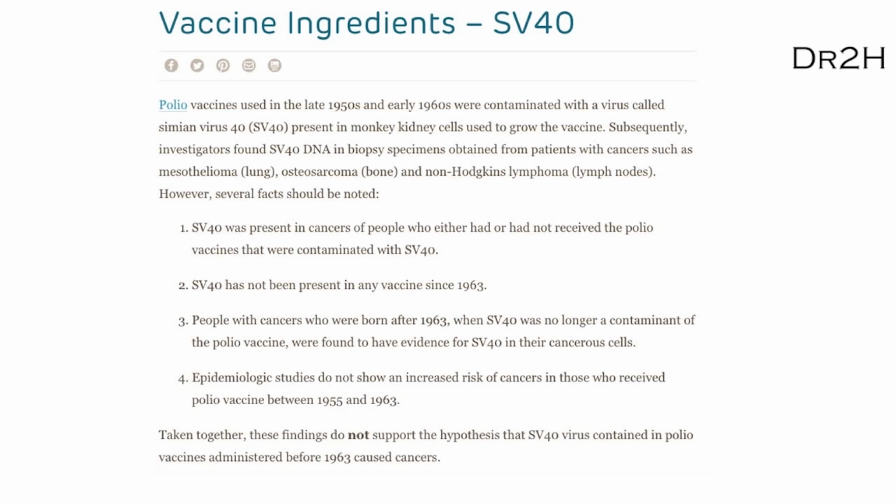It has been shown to cause cancers in rodents, and polio vaccines used in the late 1950s and early 1960s were contaminated with the SV40 monkey virus, which was present in the monkey kidney cells that were used to grow that vaccine at the time. However, over the decades, extensive long-term research did not find that people who received the contaminated polio vaccine had a higher risk of cancer compared to those who did not have the polio vaccine.